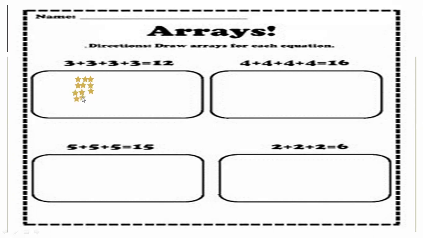So here it's going to be 3 rows and 3 columns and 4 rows. Okay. So the next one is your task. Try to do it.